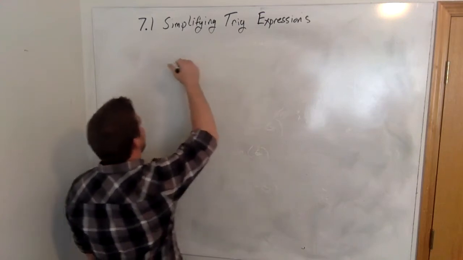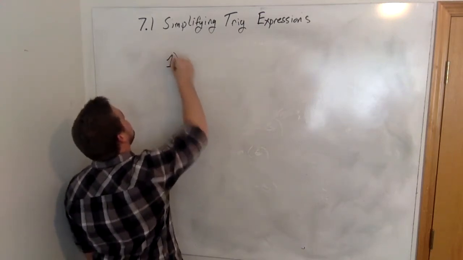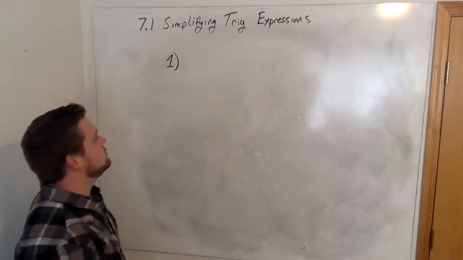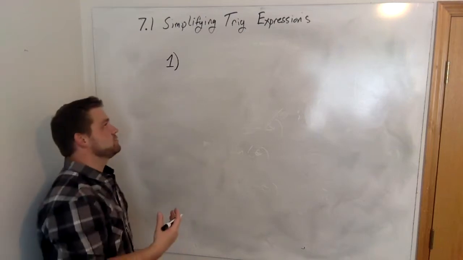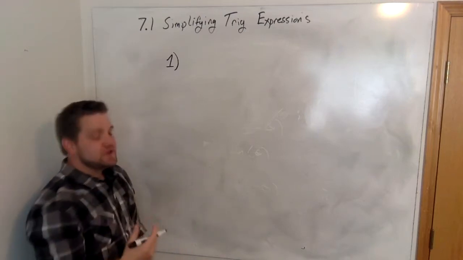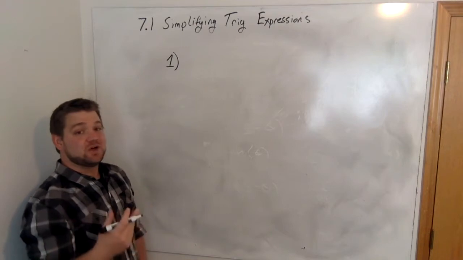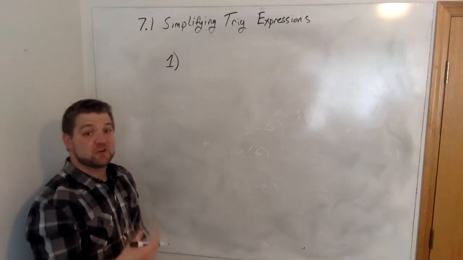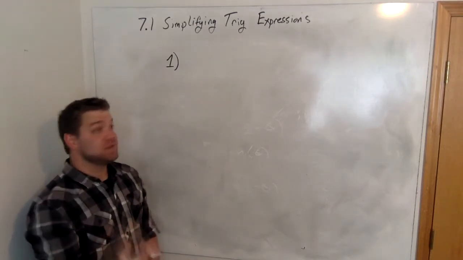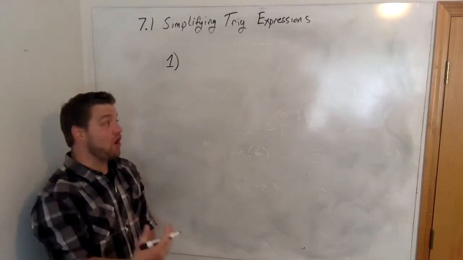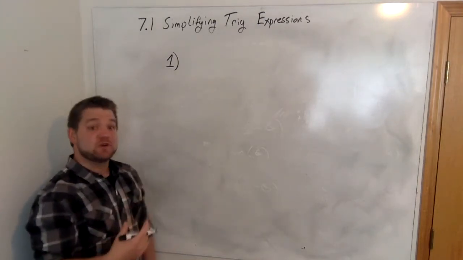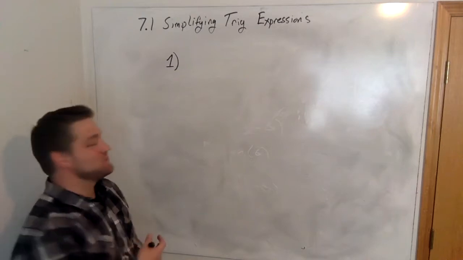As a guideline, we don't always have to try this, but usually a great go-to method is to write every single trig function in the expression in terms of sines and cosines. That was one of the big things we learned in the last video: any trig function can be written in terms of sines and cosines.